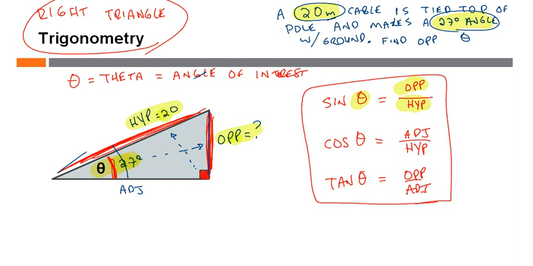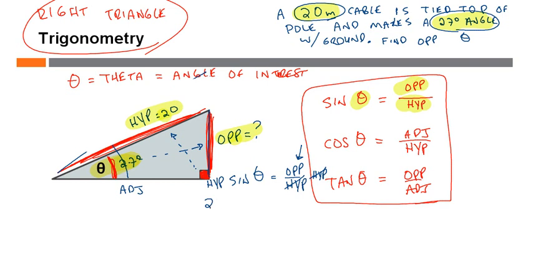So I need to grab the sine, which is equal to the opposite over the hypotenuse. I am looking for the opposite, this guy. That divided by hypotenuse is in my way, so I need to get rid of that. The opposite would be to multiply by the hypotenuse. The hypotenuse on the top cancels the hypotenuse on the bottom. Whatever I do to one side, I do to the other.